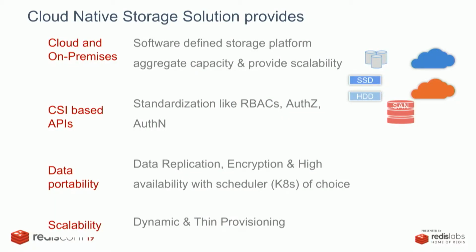So there are quite a few challenges. So what is the solution? In our opinion, the solution is cloud-native storage. And let me explain why cloud-native storage is a good fit for Kubernetes and microservices applications running on Kubernetes. What cloud native storage does is essentially abstract away these deltas that you may have around SSDs or hard drives or SAN arrays in your data centers, or differences between the cloud providers' storage systems.